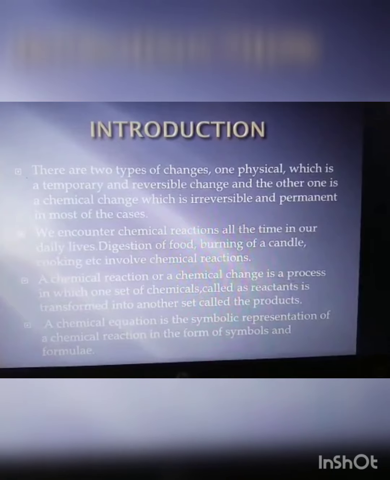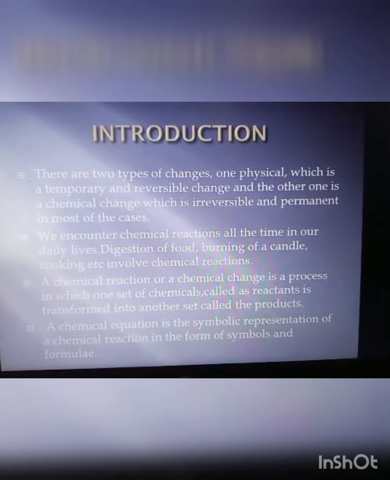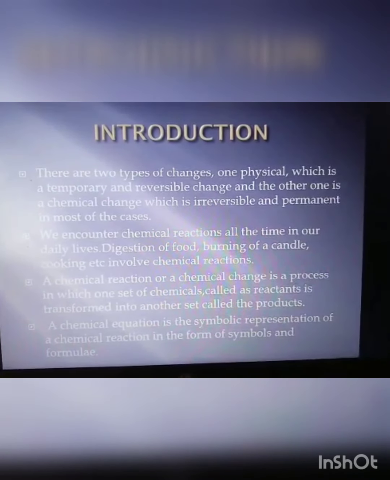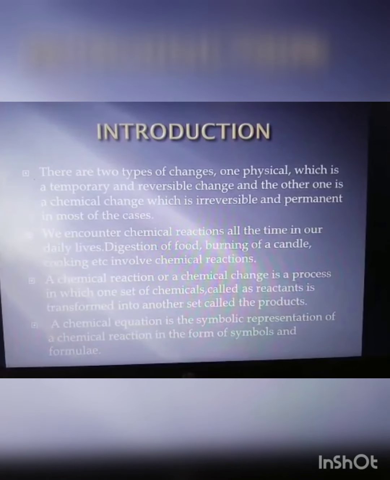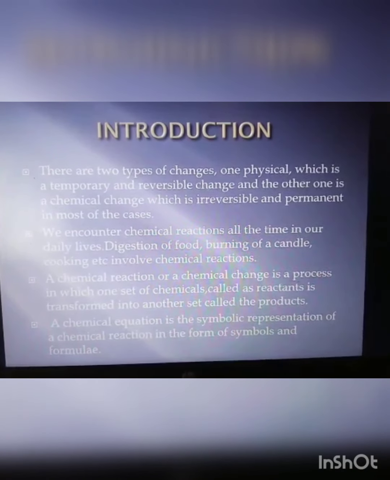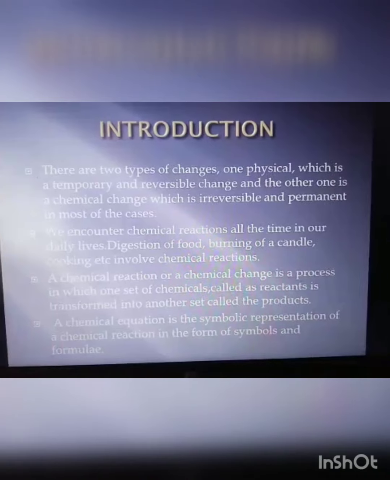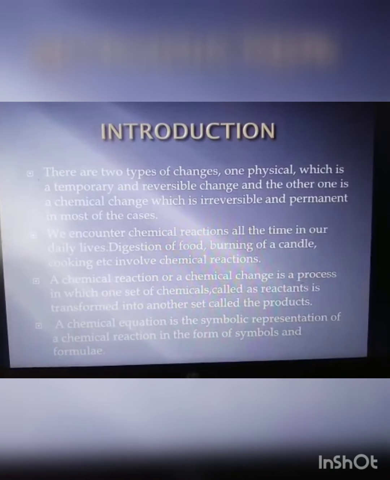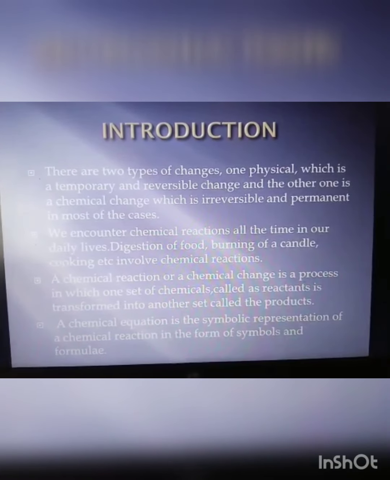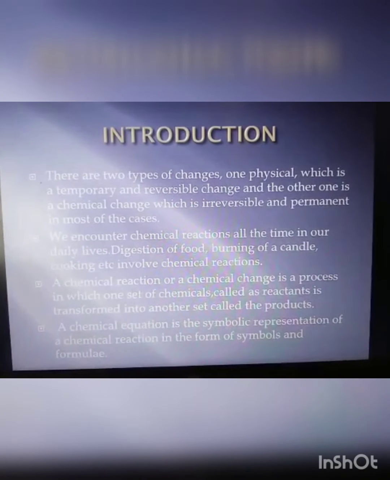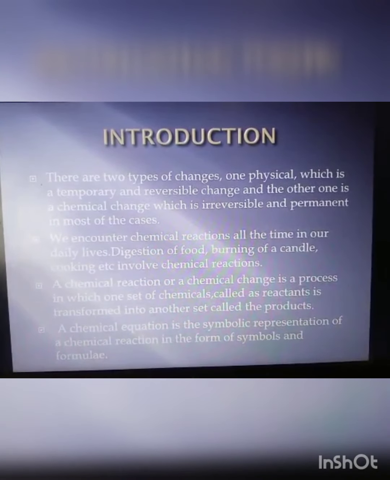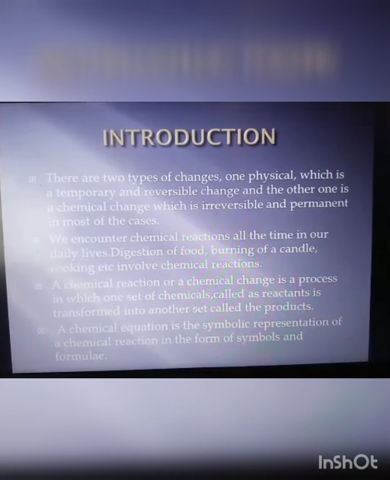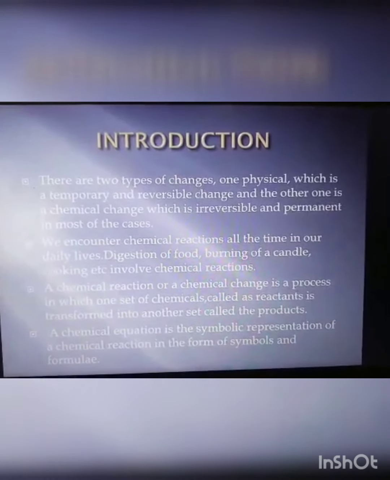Now, next in introduction, there are two types of changes. One is physical, which is a temporary and reversible change, and the other one is a chemical change, which is irreversible and permanent in most of the cases. We encounter chemical reactions all the time in our daily lives.